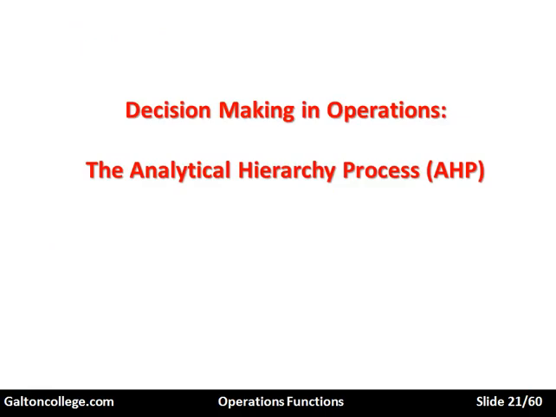And the approach that we're going to look at in the rest of this session is the analytical hierarchy process, AHP. In fact, it's quite a straightforward technique, but parts of it may sound a little complex. But it is actually quite straightforward, and it is an approach that could be used in helping decision making within operations.